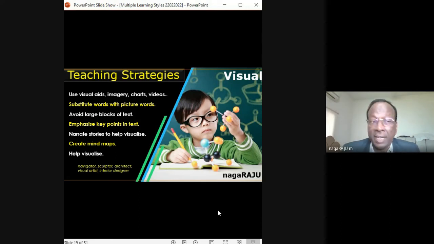They can become navigators, sculptors, artists, painters, architects, visual artists and designers, etc. These are some opportunities for them in their careers. So they might have done MSc biology, but maybe they can become good interior designers because they have knowledge of plants, and they can have lots of floral designs in their interior designs. Whatever, it's always a combination again.